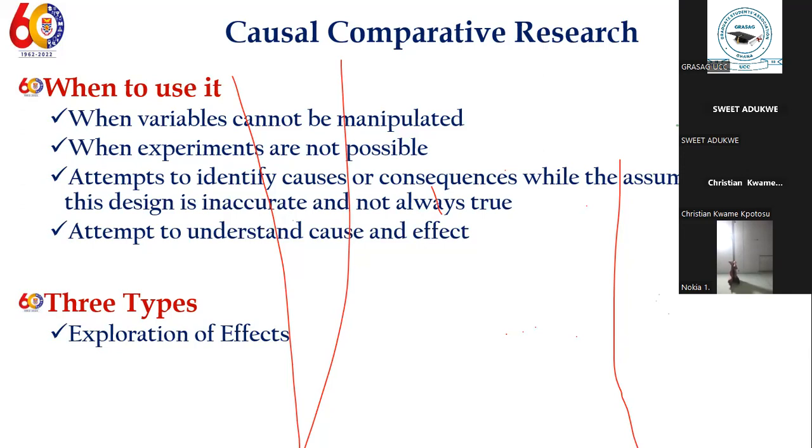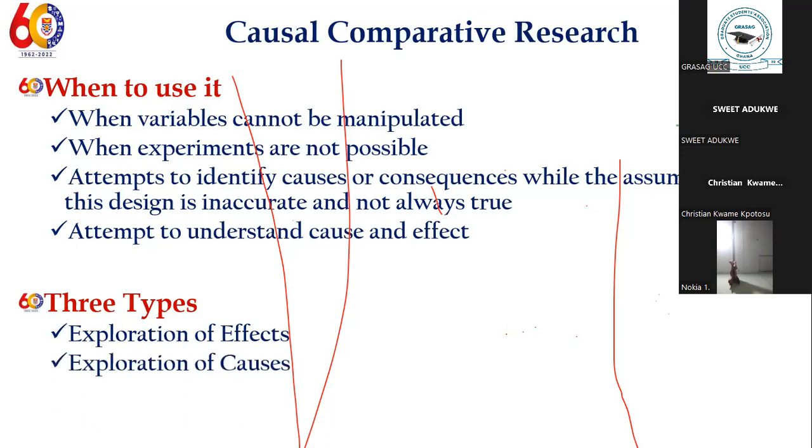To what extent does the taking of extra class affect students' academic performance? So in this case, you are going to compare groups of students who take extra class and groups of students who do not take extra class on their academic achievement to see the extent to which this affects their academic achievement.